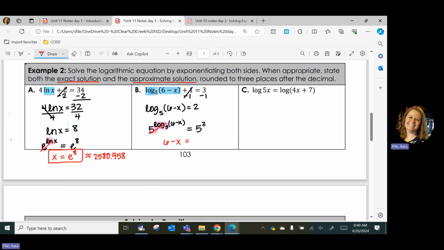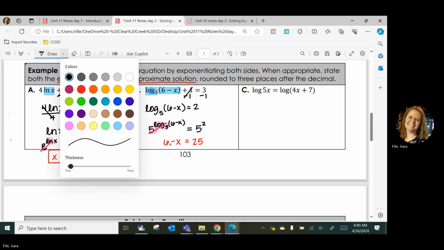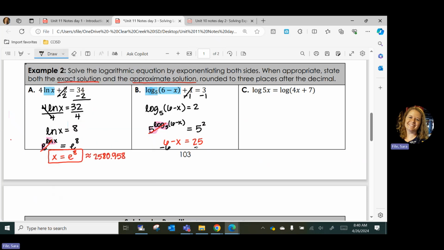And it equals 5 squared. What is 5 squared? 25. Now I can finish solving for x. So I'm going to subtract the 6 over. Divide out the negative.